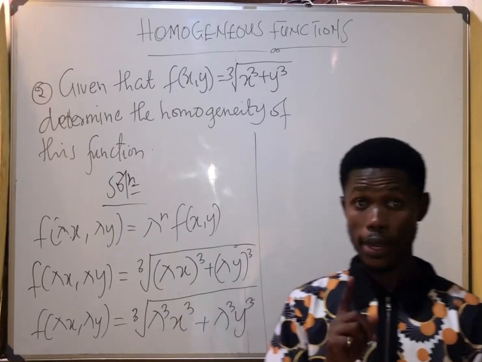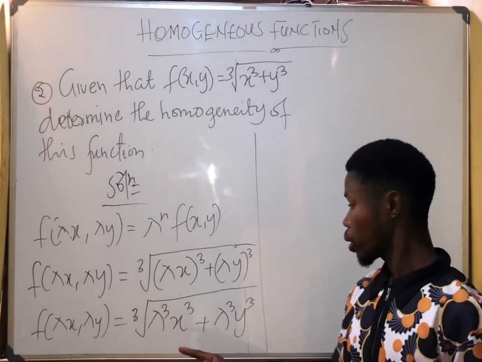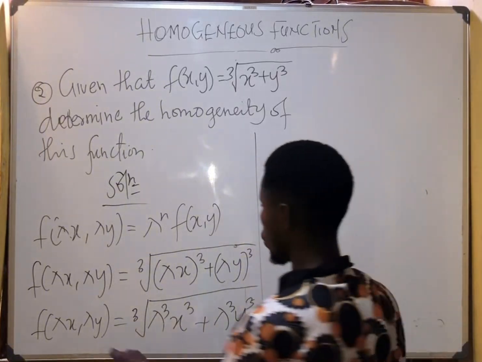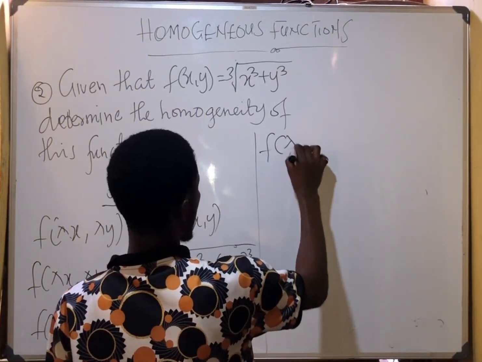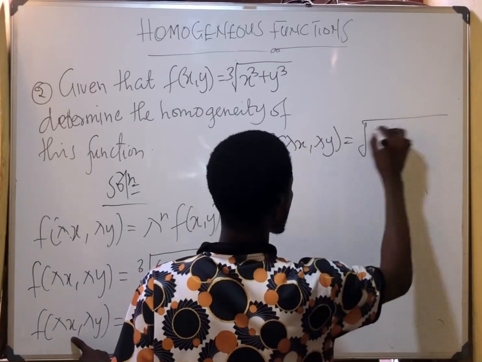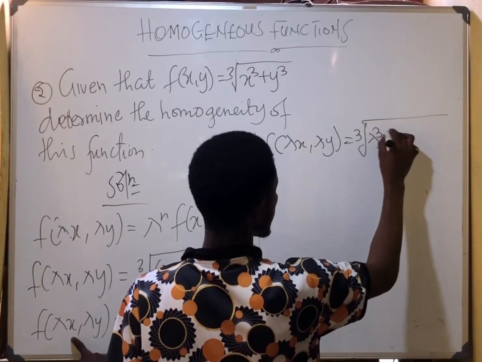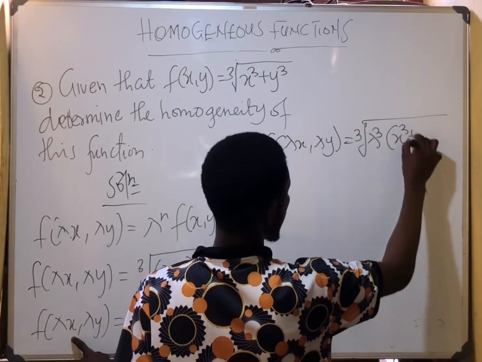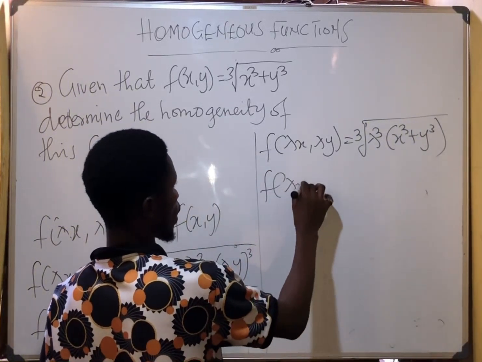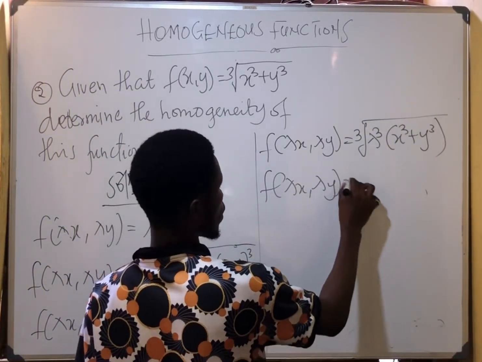So here, if I want to factorize, I can factorize out the lambda cubed, since they are the same. So that gives f of lambda x, lambda y equals the cube root of lambda cubed multiplied by x cubed plus y cubed.